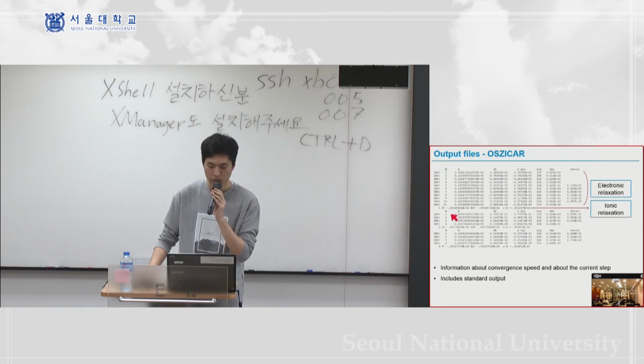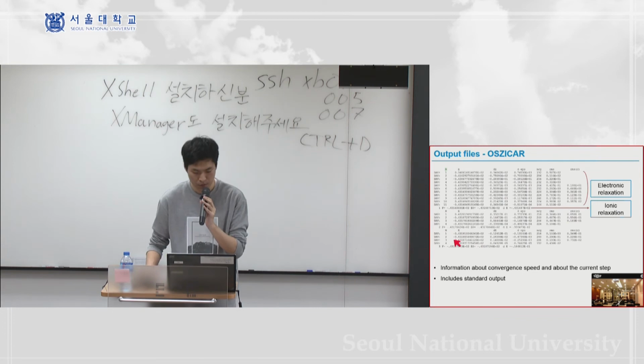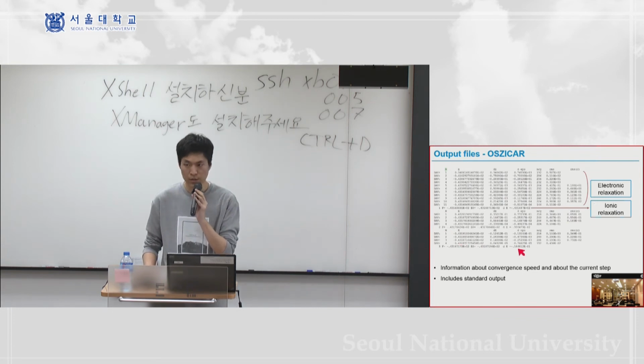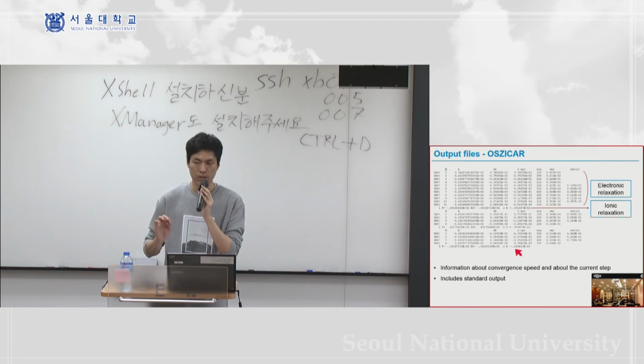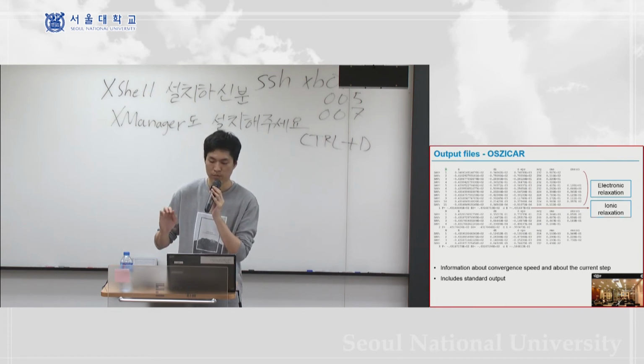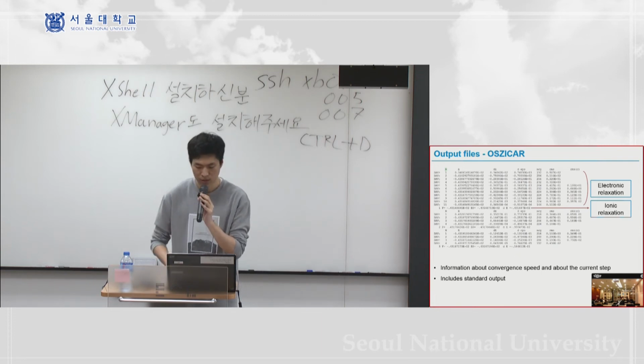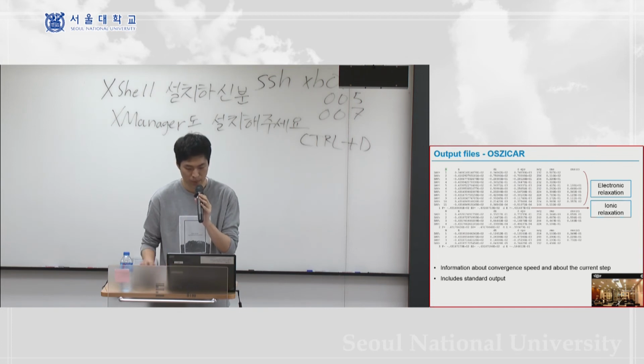And then in the next ionic relaxation, we went only 4 electronic relaxations. And the next, we went 4 electronic relaxations, and the ionic relaxation ends here because we reached the relaxed position.